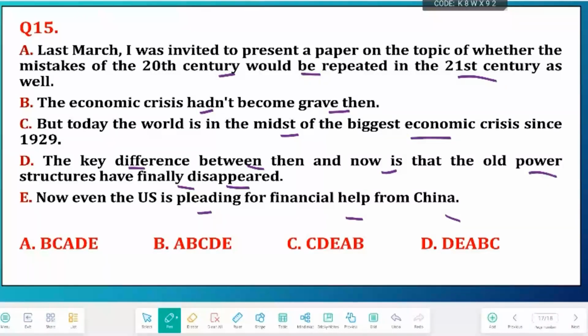So your time is up. Let us solve this parajumble now. Okay, so just give me a minute.